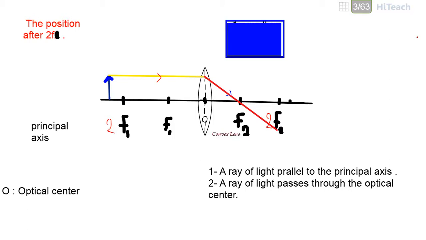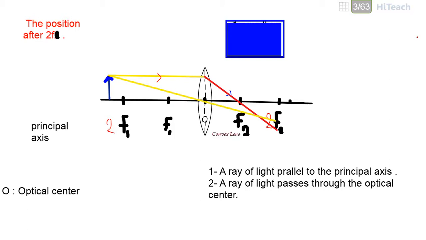The other ray that I'm going to use is a ray of light passing through the optical center. Here this one is yellow. When it passes through the optical center, it continues moving without any deviation, without changing direction, and they will meet at a point.